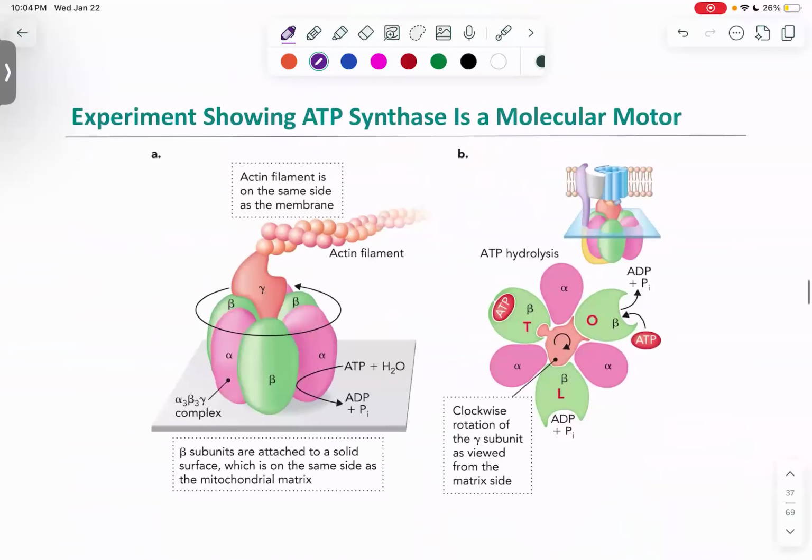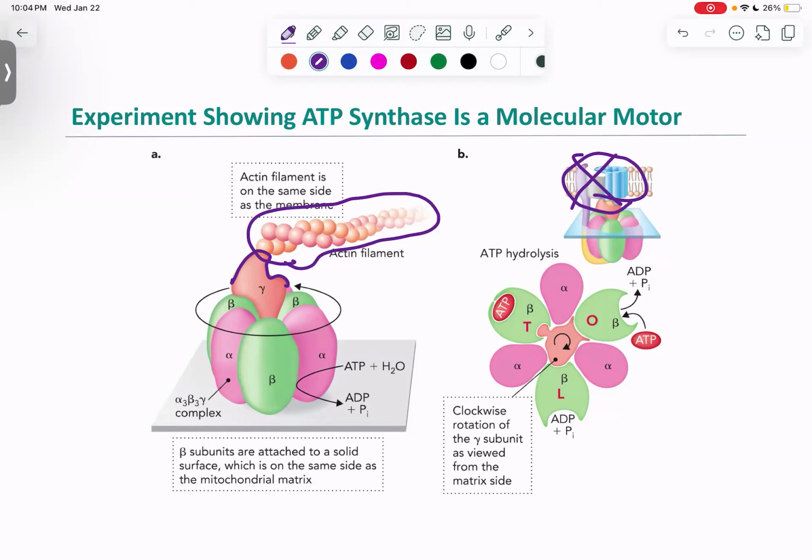So this is a really nice little experiment that shows that ATP synthase really is a molecular motor. I really love this experiment. It's really cool. What they did is they took the ATP synthase complex and removed all of this stuff on top, right? They got rid of it. And they took the rotor and attached it to an actin filament.